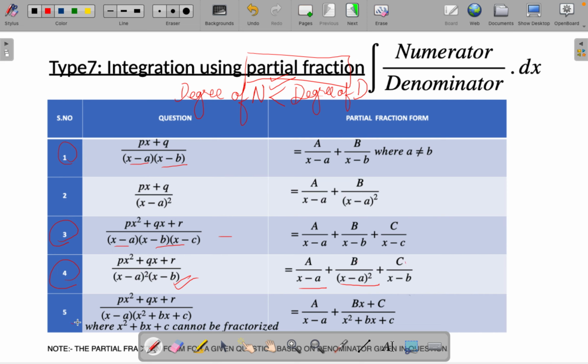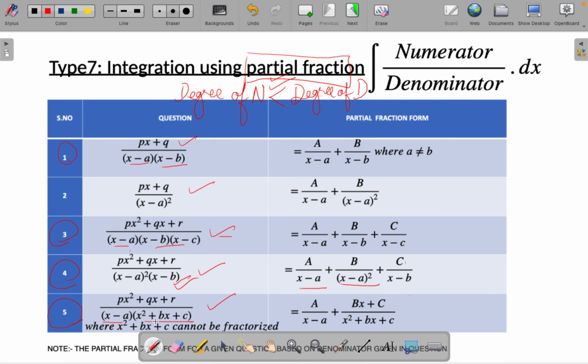Now, fifth point. Suppose we have a quadratic polynomial. This was again quadratic upon cubic. So you can see everywhere the degree of the numerator is lesser than the denominator. So again, quadratic upon cubic. Again, in the cubic there are two forms. One is x minus a, which is a linear factor, and the other one is a quadratic factor which cannot be factorized.